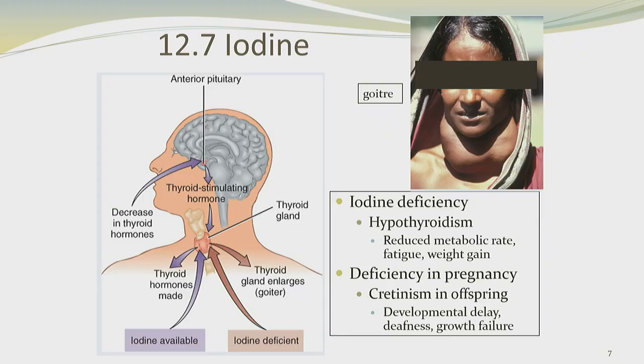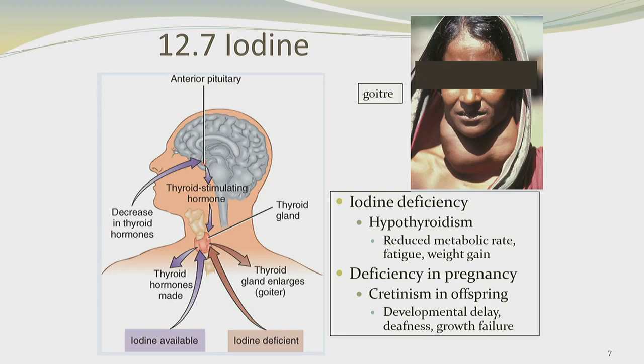So one of the major symptoms of iodine deficiency is goiter, and a very extreme case is shown in the photo on the right. So when there's a decrease in the thyroid hormone, you have the thyroid stimulating hormone being released from the brain, as shown in the figure on the left.